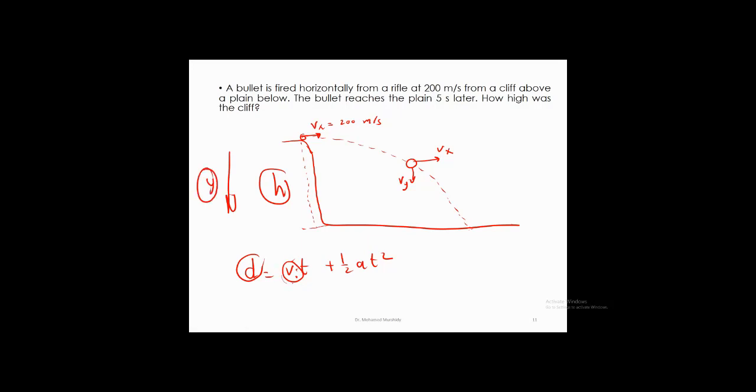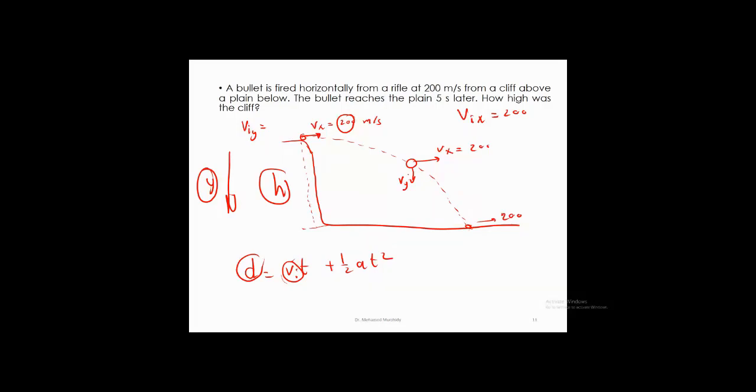So Vi, the initial velocity in the y direction, how much is it? It is 0. Vi in the x direction is 200, and it will not change. It will be the same all the way through because there is no resistance. So Vx will be the same, 200, here too.